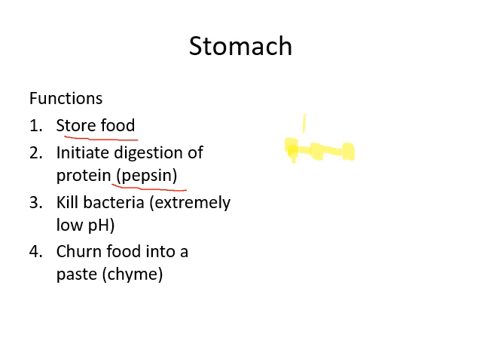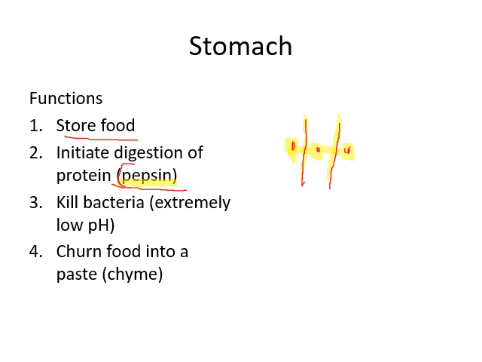So we first need to mechanically break down, physically breaking down that food material into small substances, and then eventually we have to break down the bonds. To break down the bonds, we're going to use enzymes. In the mouth, we saw amylase. We're going to start the starch digestion. What we're going to see in the stomach is a new enzyme, pepsin. That pepsin is going to start the chemical digestion, the breaking of the peptide bonds, in this case in proteins, between amino acids.